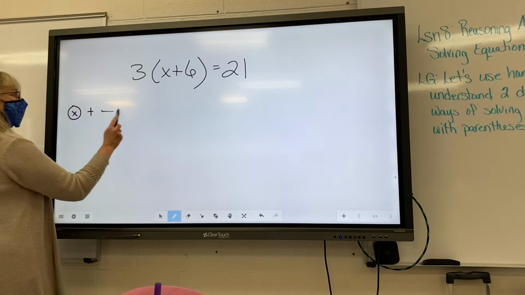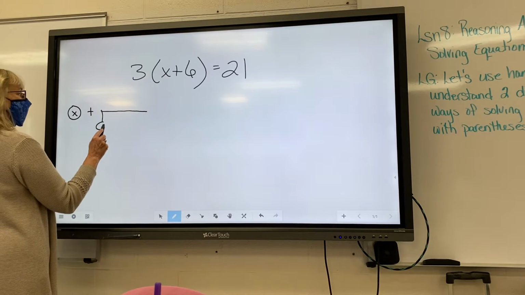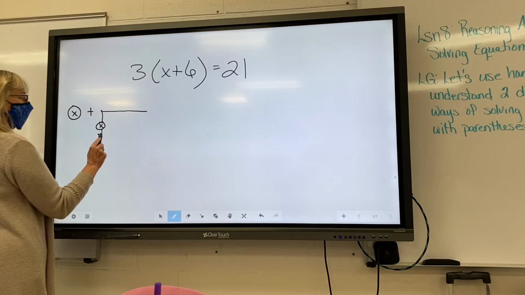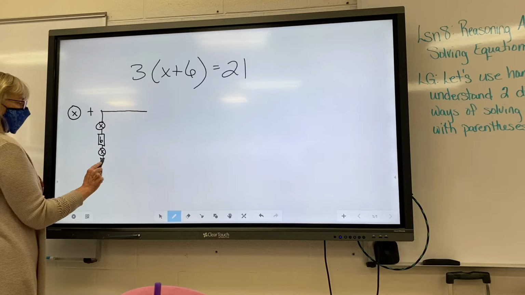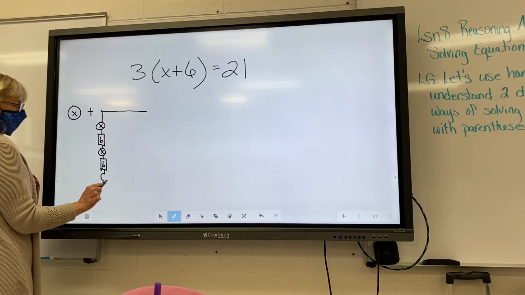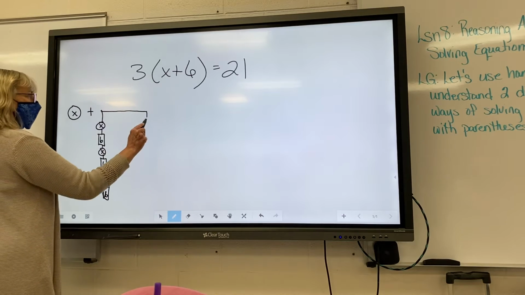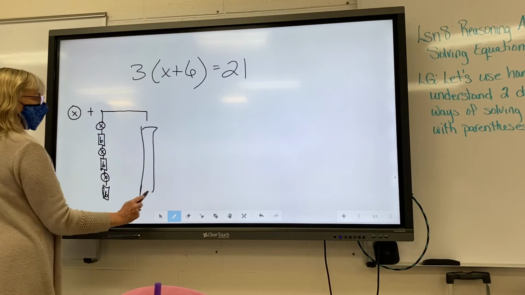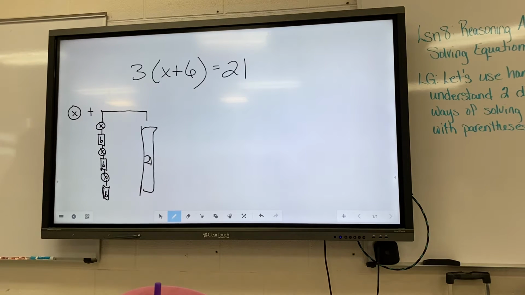Do you have something that might look like this? Something that looks like that? No, but I got something equivalent. I think I got something equivalent because I did a tape diagram.